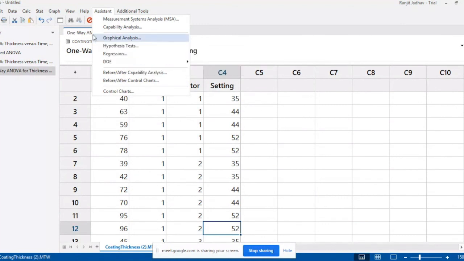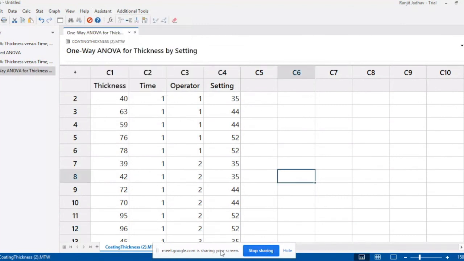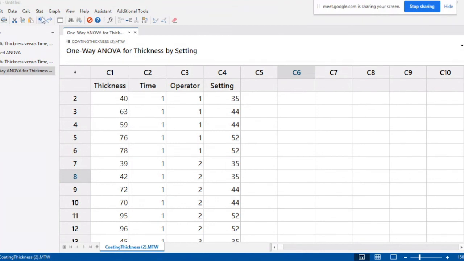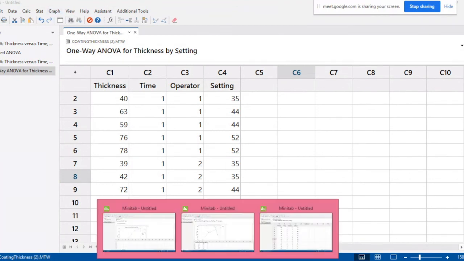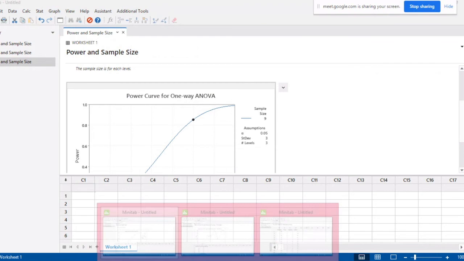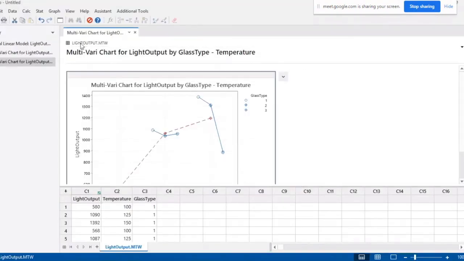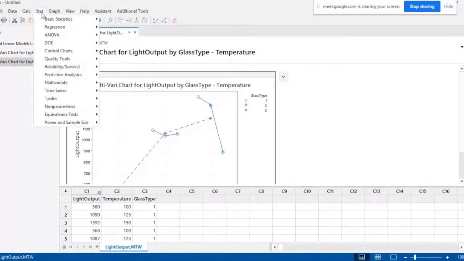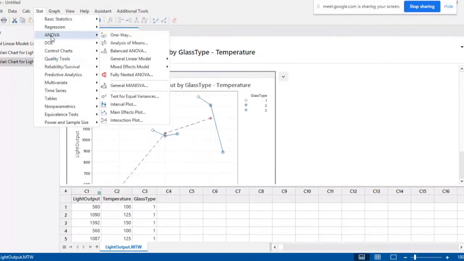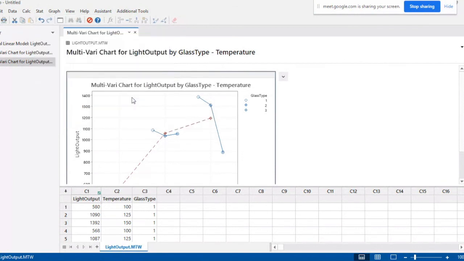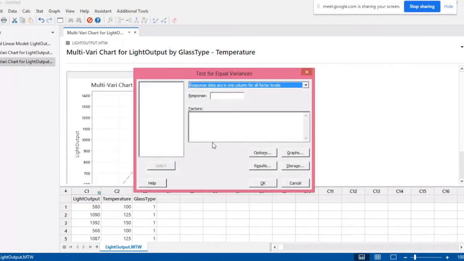One more thing we had to discuss was the test of equal variance. You can go to Stat, ANOVA, and Test of Equal Variance.